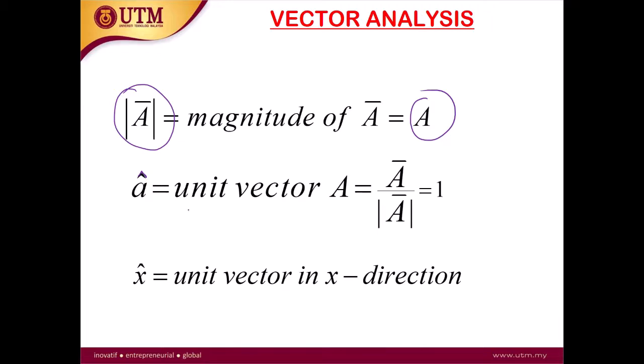This is the unit vector of A, which is equal to the vector A divided by its magnitude. And the unit vector magnitude is always equal to 1.